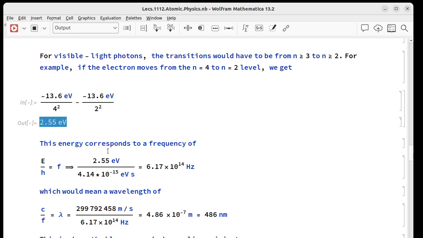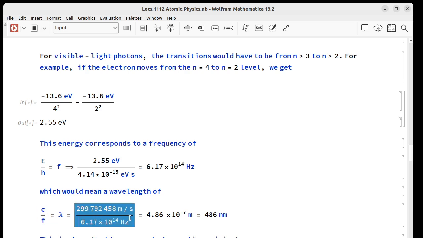We could say, well, okay, what frequency is that? Well, we know E equals hf, so we solve for frequency. We get about 6.2 times 10 to the 14th hertz. What wavelength is that? We use c equals f lambda and solve for lambda. And we get 486 nanometers. That's in the blue-green region.